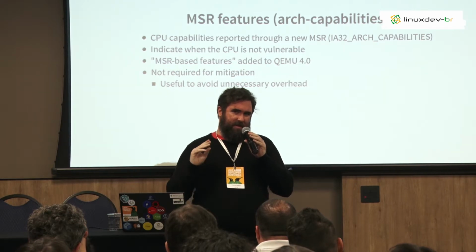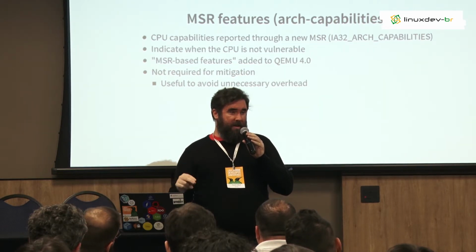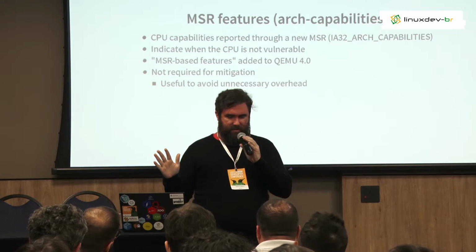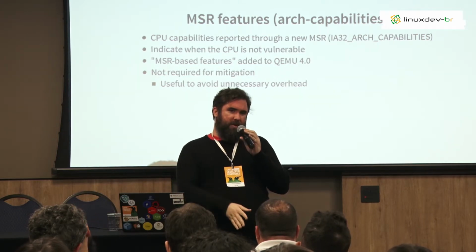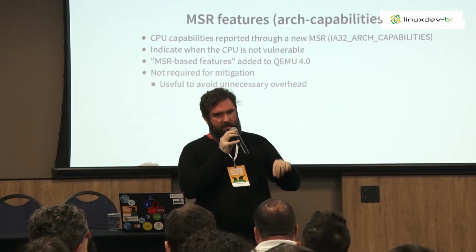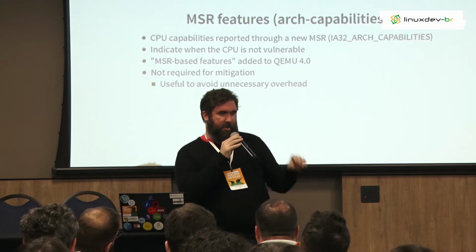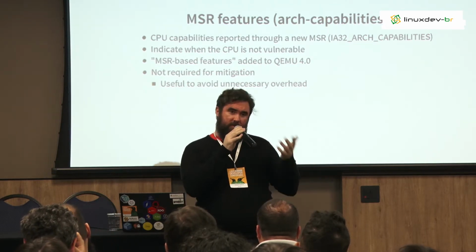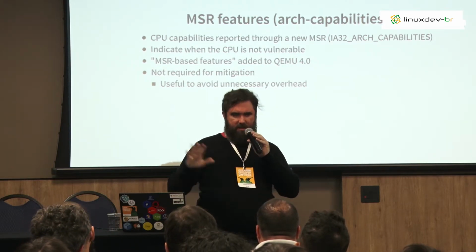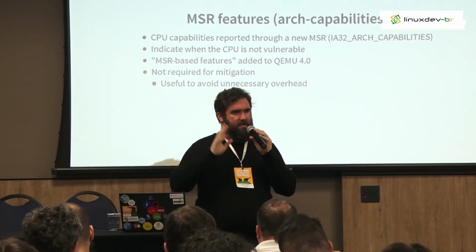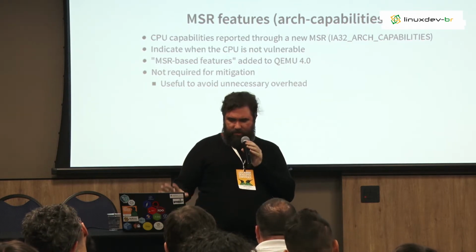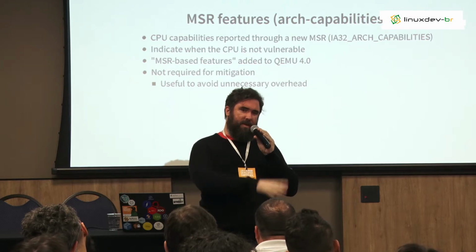The good news is that this is not required for mitigation, so I think that's why they did this separation. The CPUID data says, this CPU has this instruction, you can use it to mitigate the bug. The MSR says, this CPU is not vulnerable.